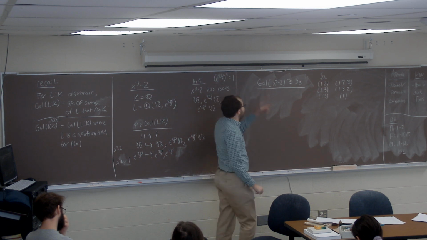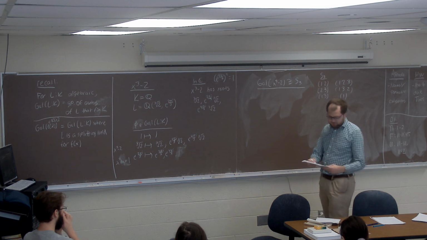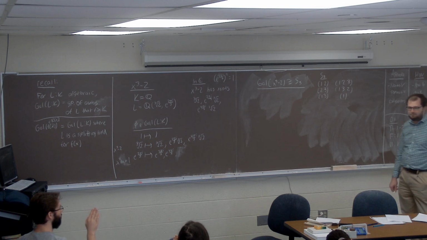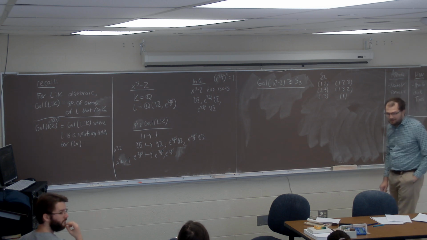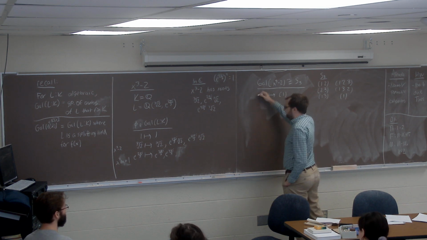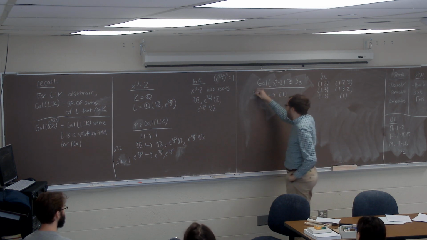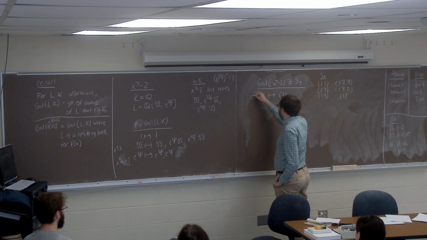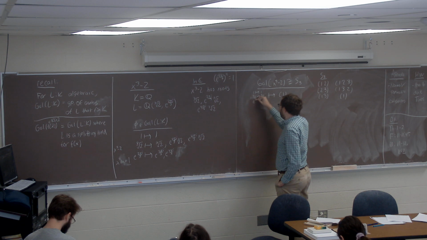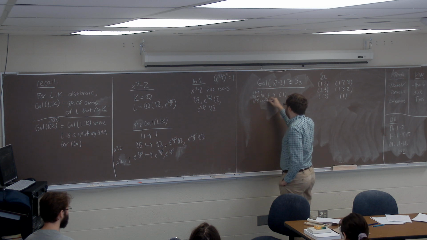So I want to define an isomorphism from the Galois group to S3 specifically. So what can we map to what? We can map the identity function, the one that maps 1 to 1, cube root of 2 to cube root of 2, e to the 2 pi i over 3 to e to the 2 pi i over 3.